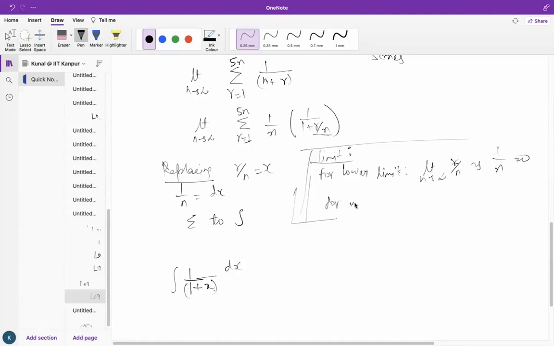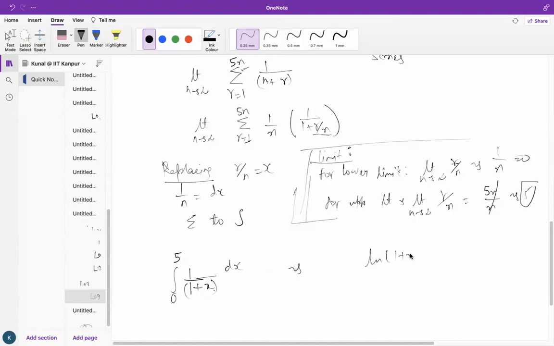For the upper limit, limit n tending to infinity, r by n, where r is the maximum value, which is 5n. So 5n by n, the n cancels and we get the value 5. So it varies from 0 to 5.